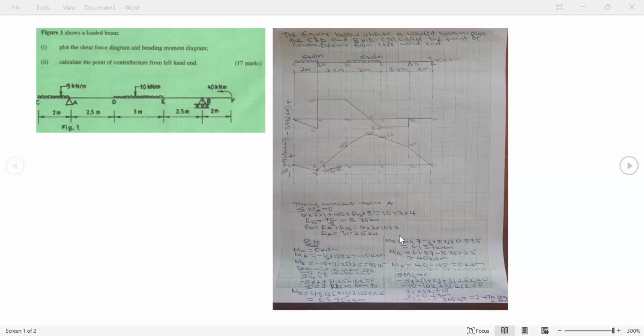If I want to compute the value of contraflexure from the left-hand side, it will be CA, which is 2 meter, plus that 0.47, which is equivalent to 2.47 meter from the left end of the beam.